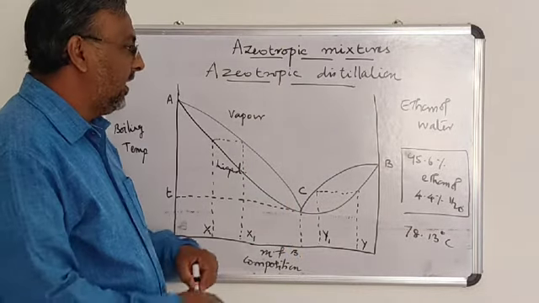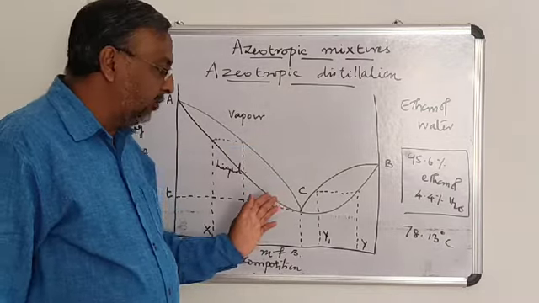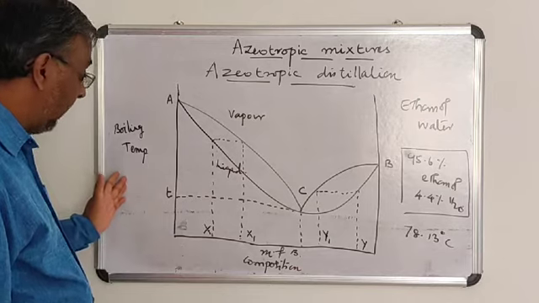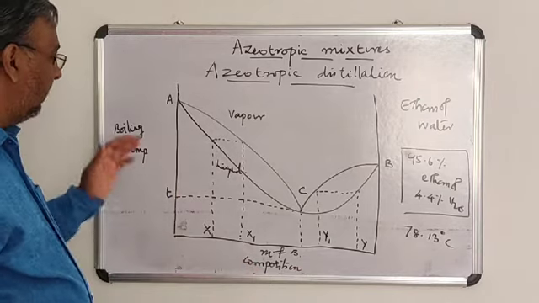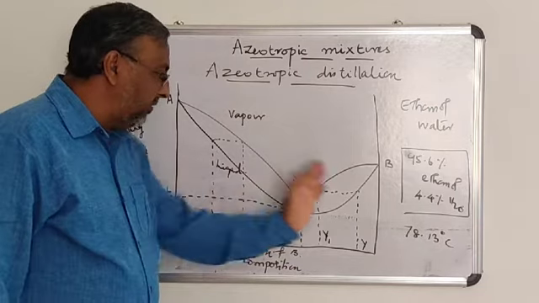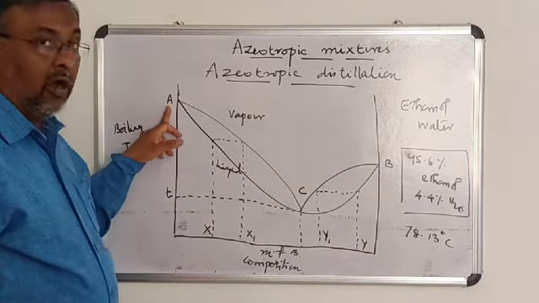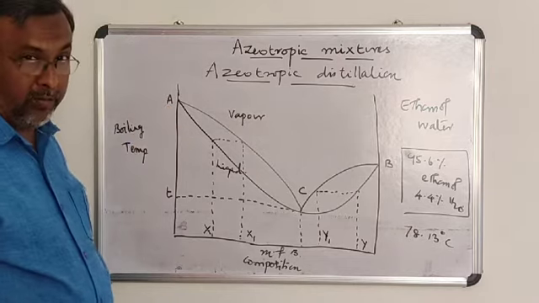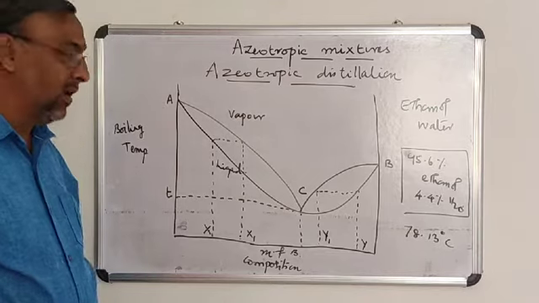In some cases, we can explain azeotropic distillation by taking a boiling temperature-composition curve of this type. Here we have taken two liquids. The boiling temperature of A is higher, which means it has less vapor pressure.